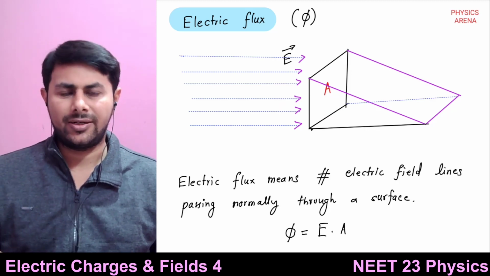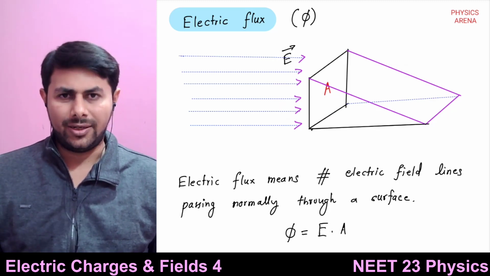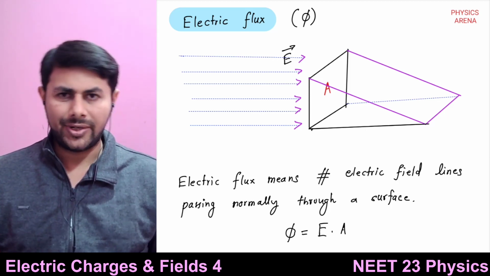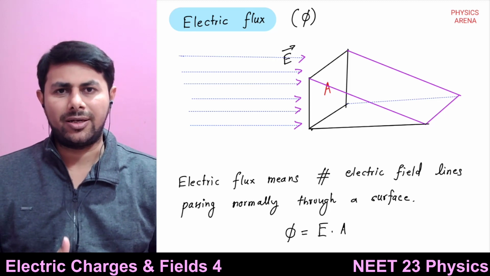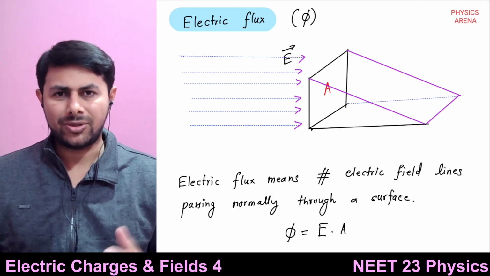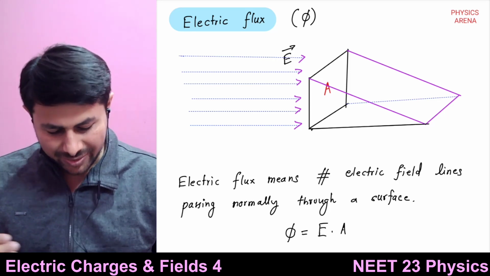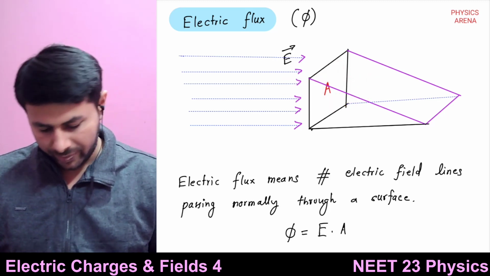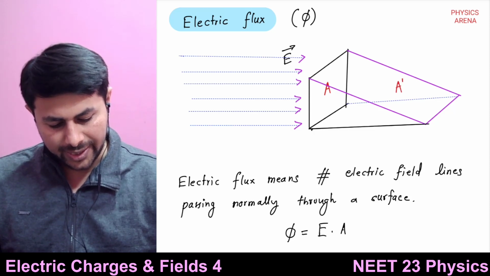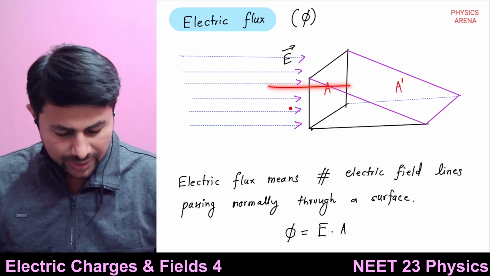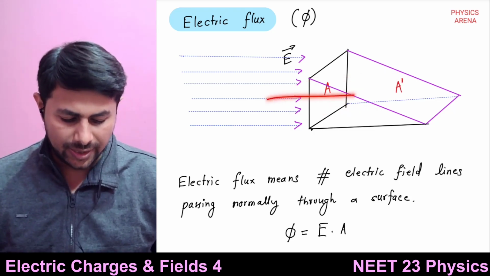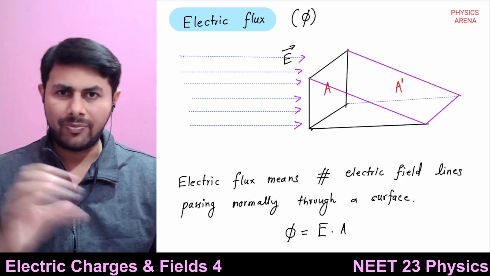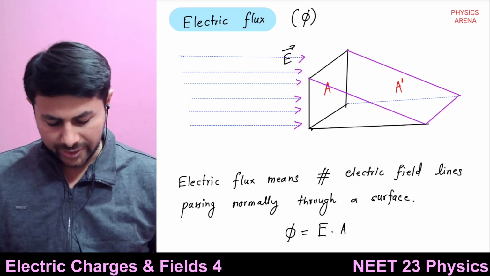So if we just take the product of E and A, electric field and area, if we just take the magnitude of area, then it makes no sense, because we can very easily see that the electric field lines passing through this area A and the other one, let's call it A dash, are equal in number, but this area is much bigger.